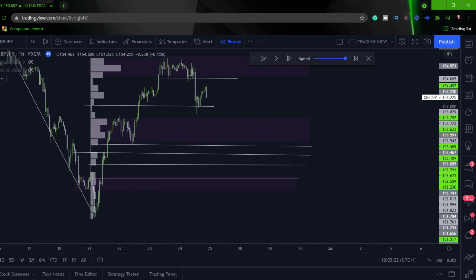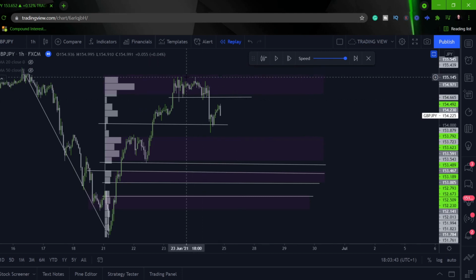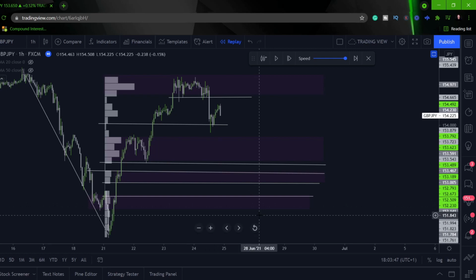You could also argue that this is now an area of reaccumulation. As you can see, we pushed up, accumulated some orders as the volume increased. We pushed up through it, came back down, touched the top of this imbalance, bang. So now how is price going to react, or where does price want to visit on this move down?